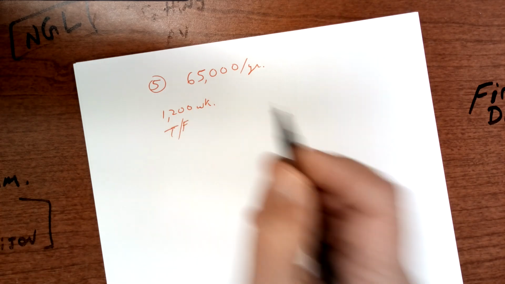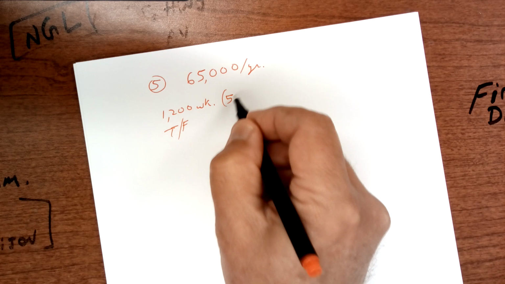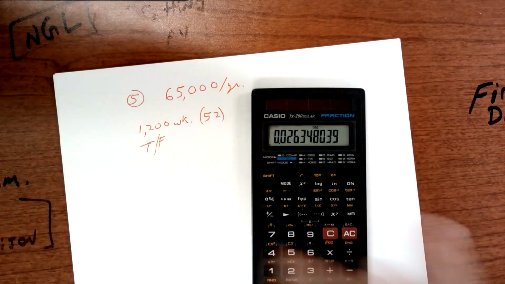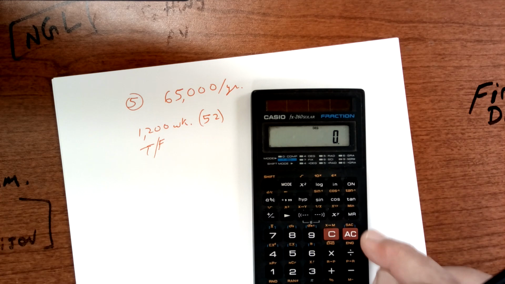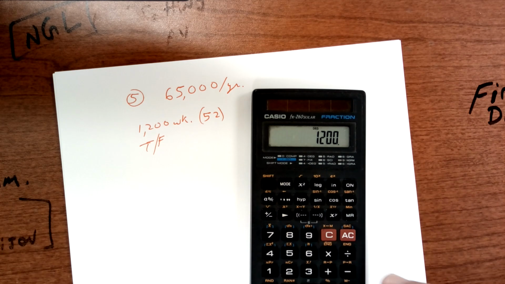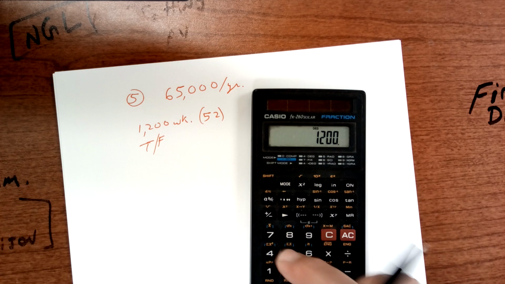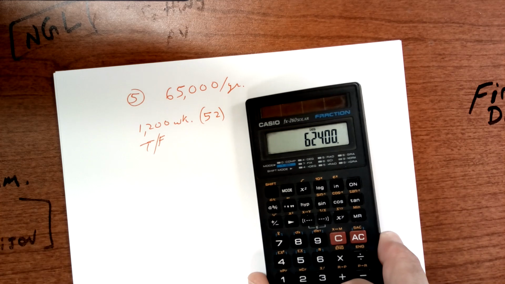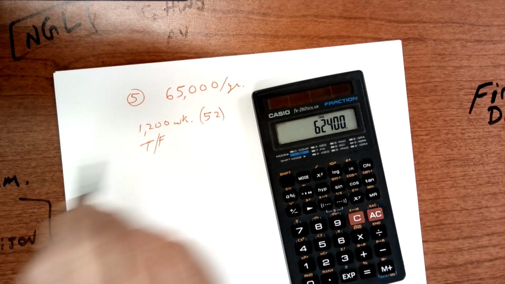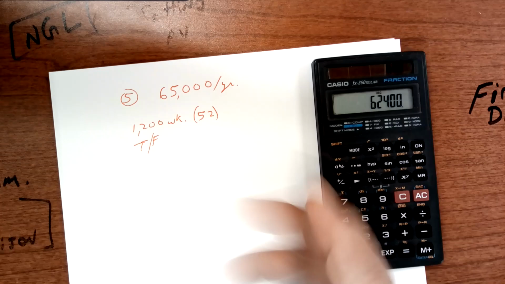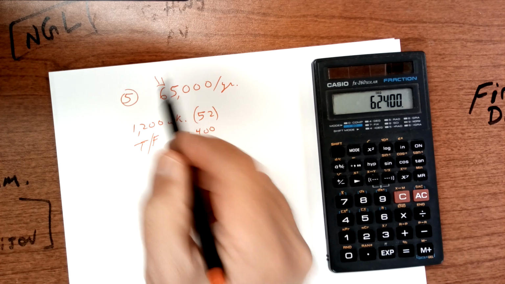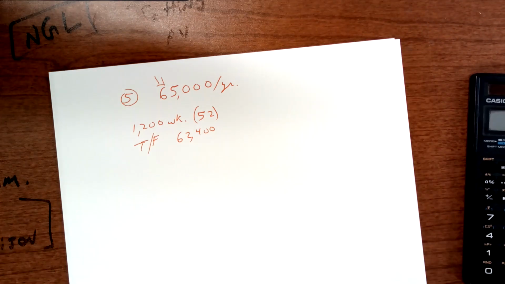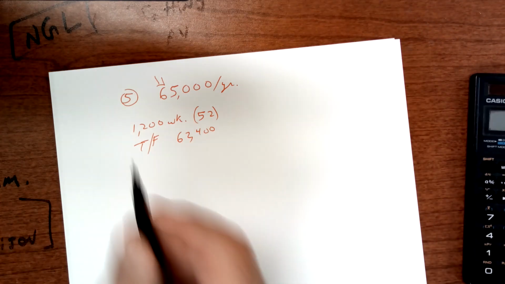Well, there's 52 weeks in a year, so you got to multiply 1,200 times 52. And this job is only going to pay $62,400. So he's better off taking that job, unless he's happier at the other one. All right, number 6.